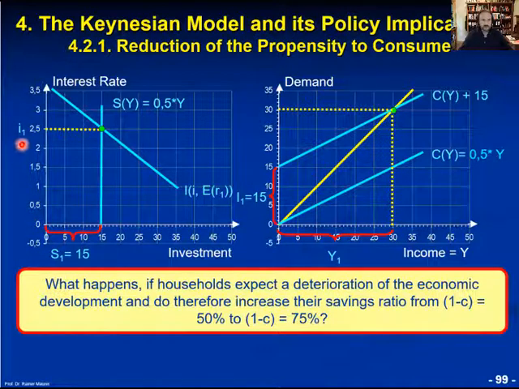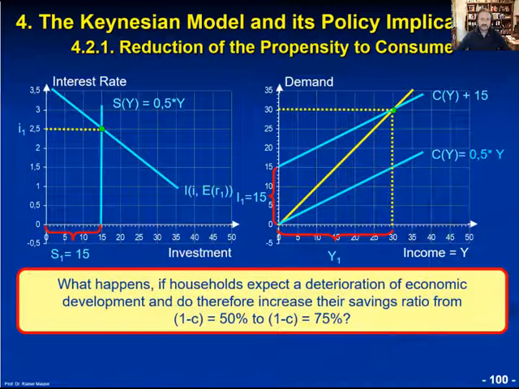The interest rate adjusts in a way that investment equals savings, which means investment equals 15 units. This corresponds to the assumption that the initial investment goods demand from firms equals 15 units. So it's indeed an equilibrium on the market for goods and the capital market.